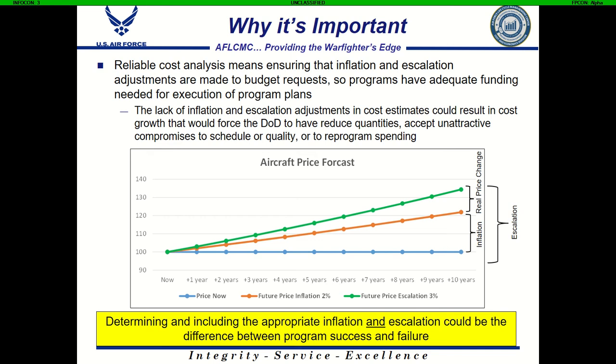And we don't want to plan on doing any of those things because we have these quantities and requirements for valid reasons, and we want to make sure we're able to buy exactly what we need for the warfighter. Again, it could be the difference between success and failure of the program.